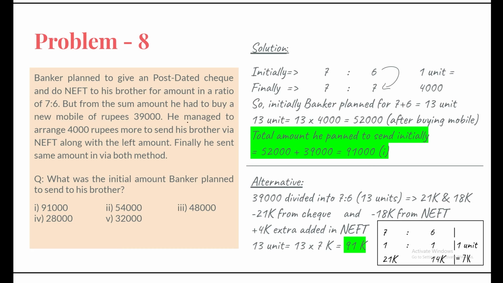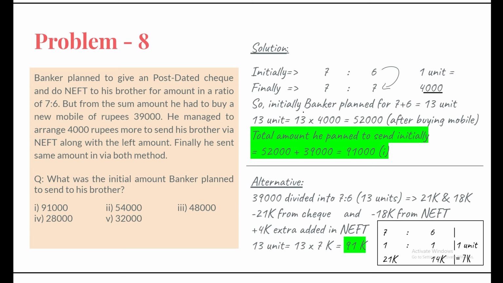But after he managed to arrange 4,000 rupees, he sent that 4,000 rupees in NEFT. So the change in ratio happened here with this 4,000 rupees. That's why we maintain the same ratio and make the 1:1 ratio as 7:7. And this change in 1 unit is the 4,000 he arranged to send to his brother via NEFT.